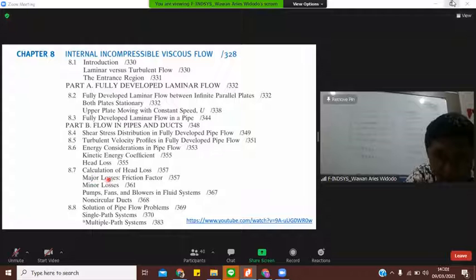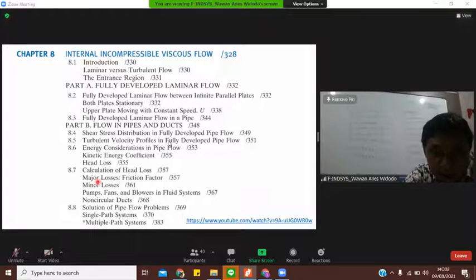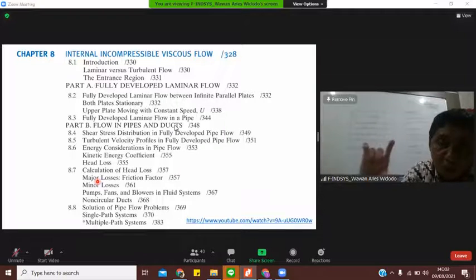If you talk about major losses, this is the loss when the fluid flows in a straight pipe or straight duct, which by definition has a constant cross section, or penampangnya konstan.